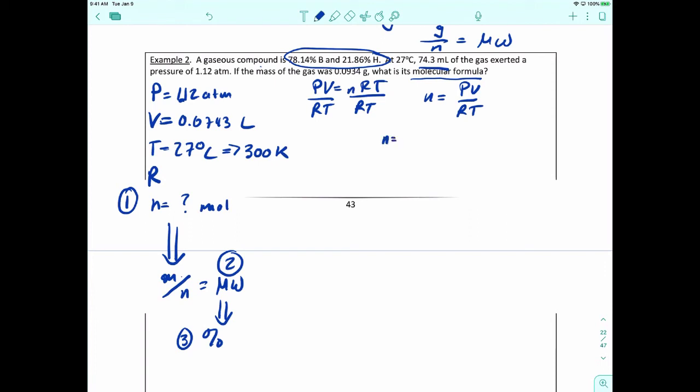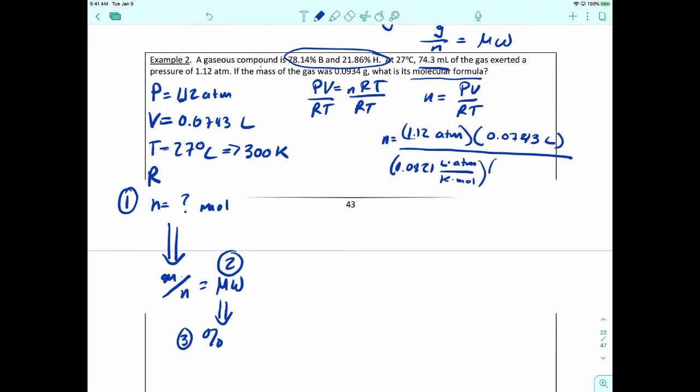So we know that the pressure is going to be 1.12 atmospheres. The volume is going to be 0.0743 liters divided by R, which is 0.0821 liter atmosphere over K mole. And then T is going to be 300 K. All right, so K's cancel out.